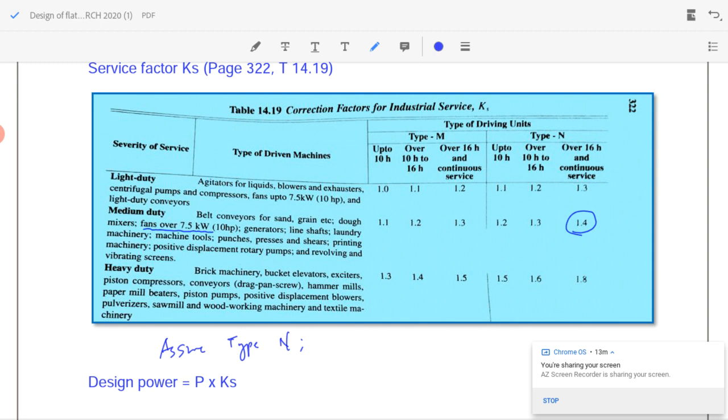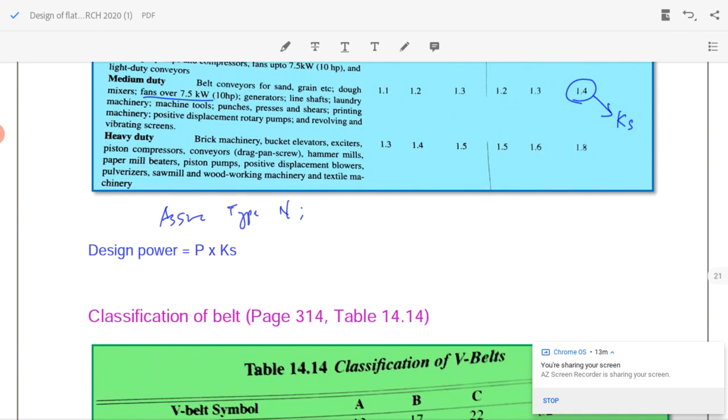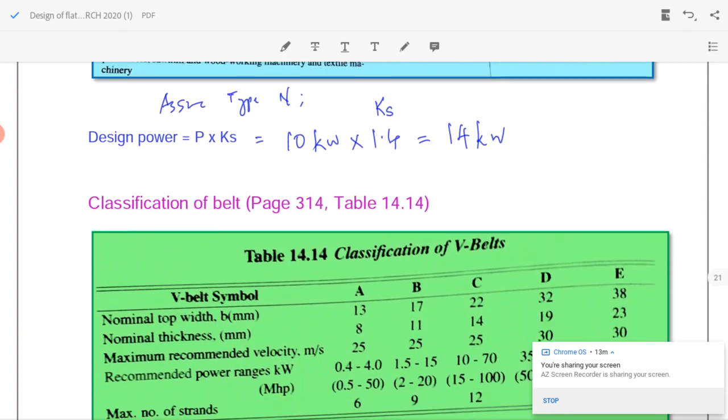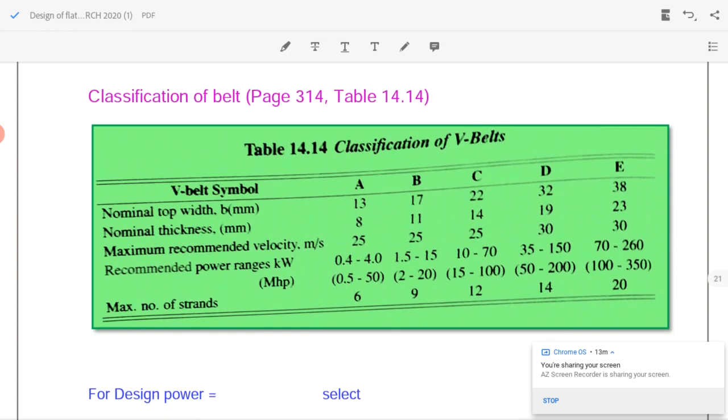From this table, I will get this value as the service factor Ks. So design power equal to normal power into Ks equal to 10 kilowatts multiplied by service factor 1.4, which equals 14 kilowatts. After getting this power, I need to find the type of belt. When you get the power equal to 14 kilowatts, it can fall in these two ranges, so we can take either one of them.